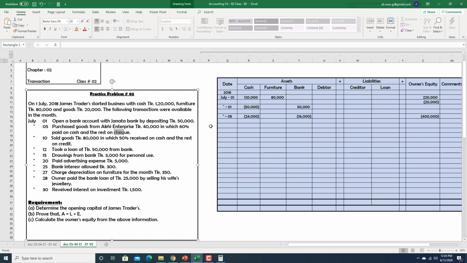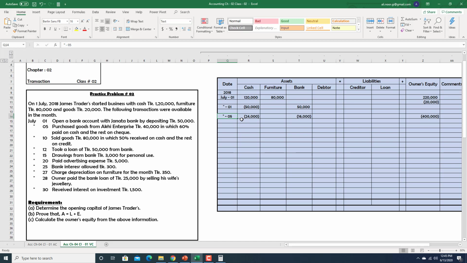This is the solution of the July 5 transaction, and I recommend you notice it very carefully, because you will definitely get this type of transaction on your exam.